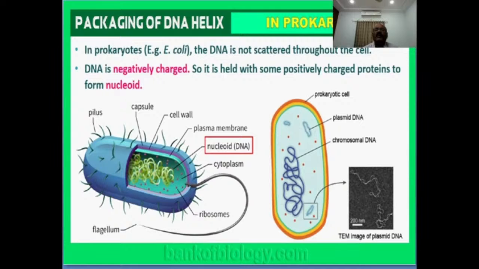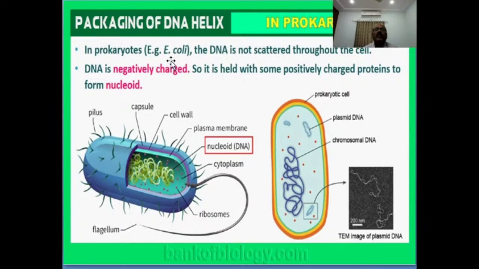Whereas phylogenetically evolved cells are called eukaryotes. In eukaryotes, the cells possess a conspicuous nucleus, that means a nuclear envelope is there. Examples for prokaryotes are bacteria and blue-green algae.